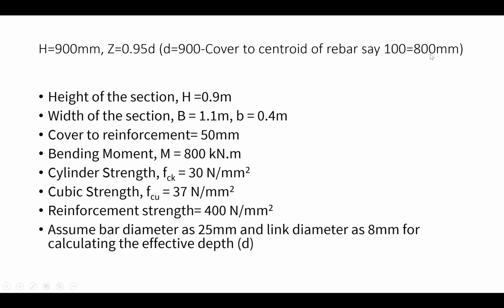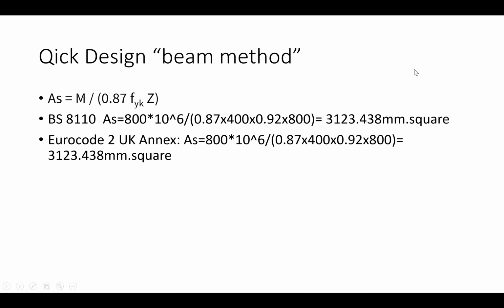So the effective depth is equal to 800 millimeter. So the maximum is 0.95d, but now we use only 0.9d for the quick calculation. So this is the rebar result, and the result is the same for the UK and the Eurocode.